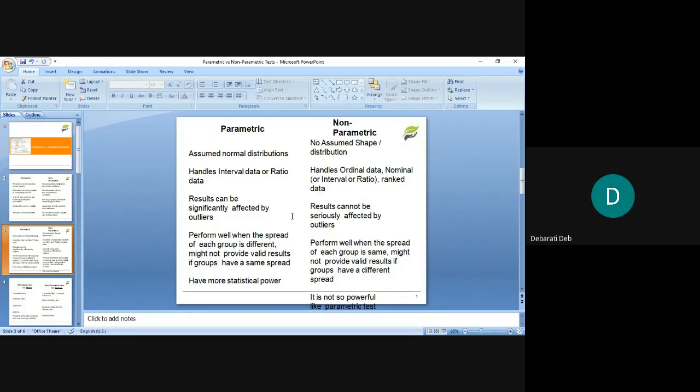Anyway, simply, a normal distribution will be a set of data. Listen to me carefully. Suppose you have a set of data of ages, then the mean of this data should be 0. The mean of this data should be 0. That means some data, not age, let's take temperature.